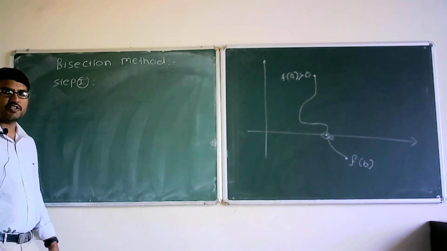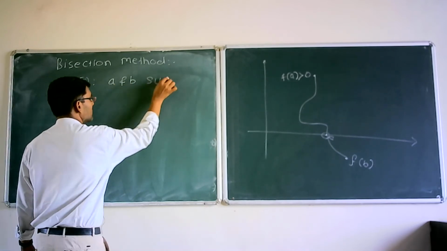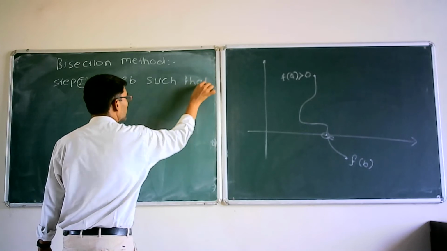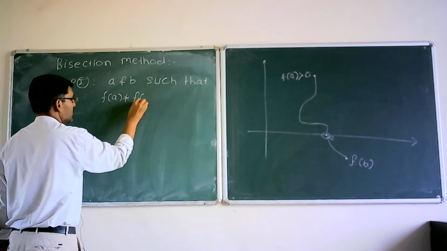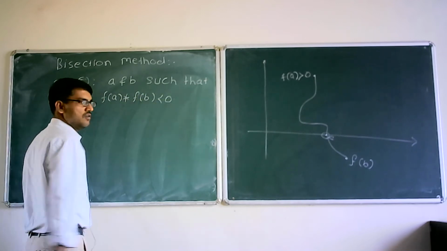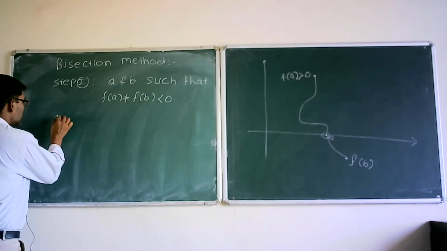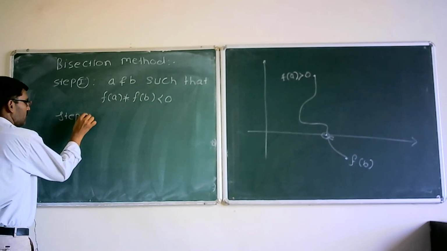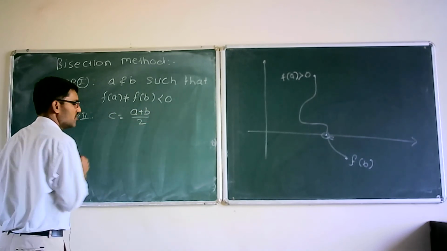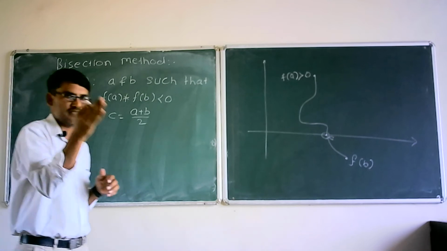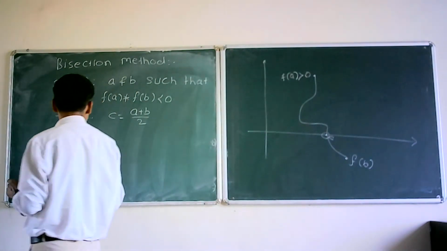Step first is to determine two numbers A and B such that f of A into f of B is less than 0. Okay, so our root lies in this closed interval AB. Step 2: C is equal to A plus B divided by 2. Bisect the given interval AB. So C is equal to A plus B by 2.